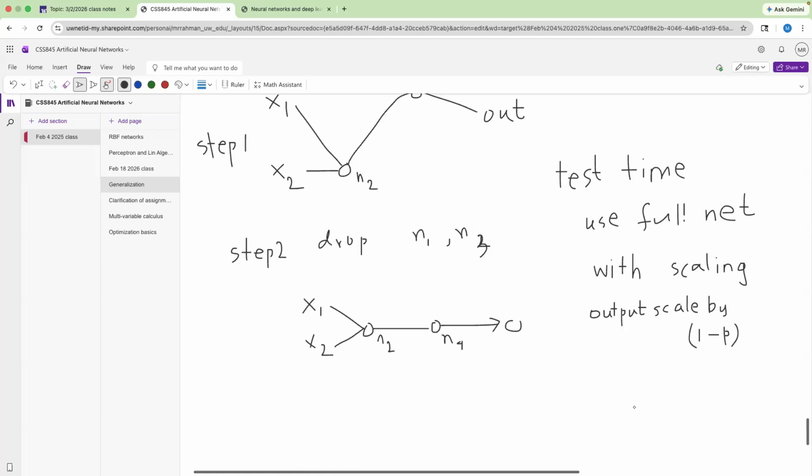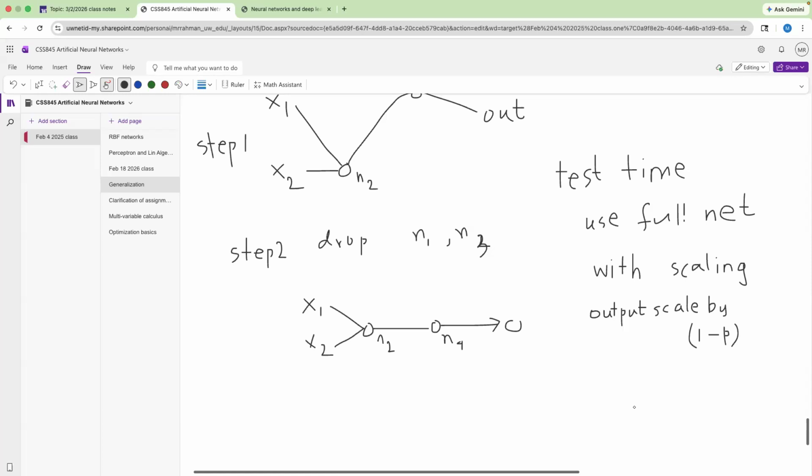All right. So I've talked about the practical techniques of dealing with overfitting and improving generalization performance, right?